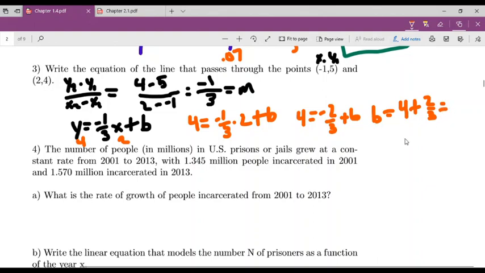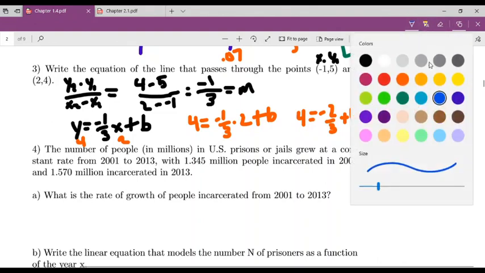So if I found a common denominator for this, your common denominator would be a 3, which would mean that 3 times 4 is 12 would be your new numerator here. So 12 over 3 plus 2 over 3 would give you 14 over 3. So your b here is 14/3.